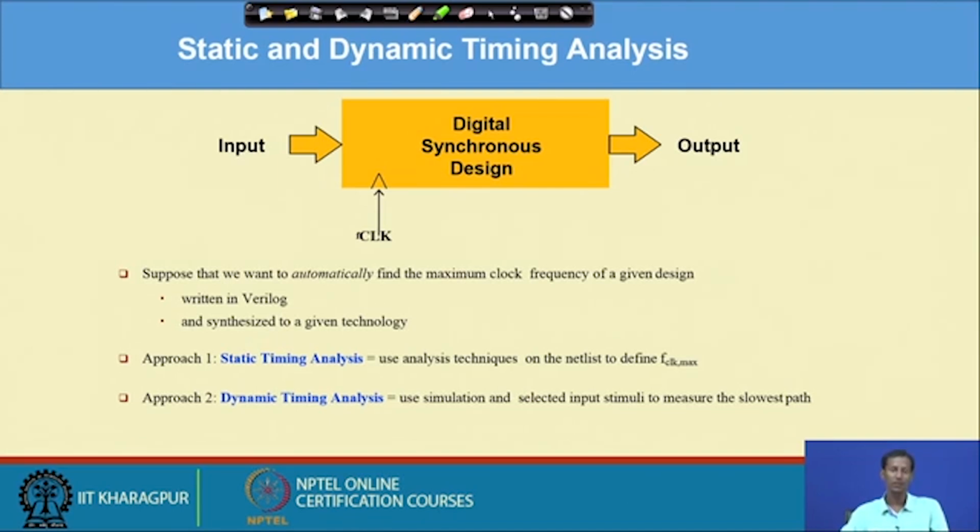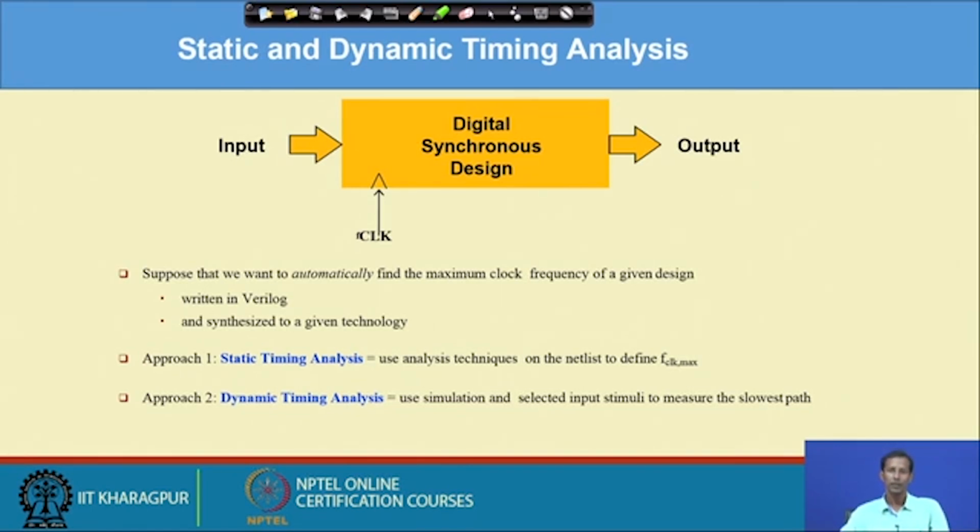To find out this f clock. In this system, f clock is the clock connected to each of the sequential elements within this digital synchronous design. So what will be the maximum achievable clock frequency for this particular design? That you are only able to know by doing this timing analysis.